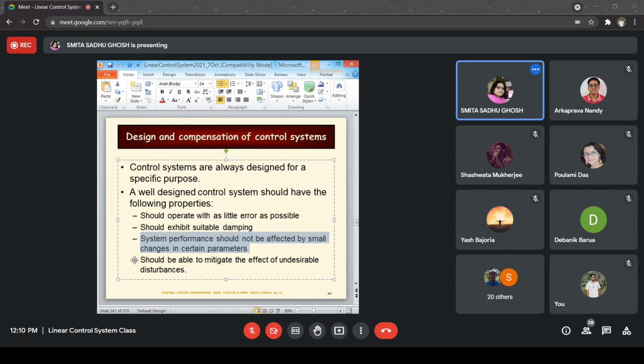The well-designed control system should be able to mitigate the effect of undesirable disturbances. So here, the second last point mentioned changes in the parameters, parametric perturbations.